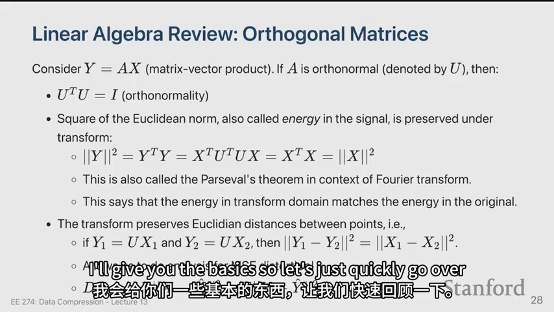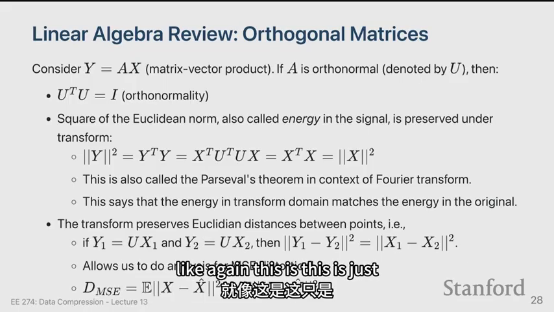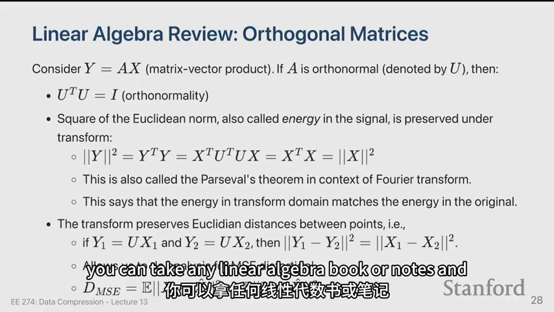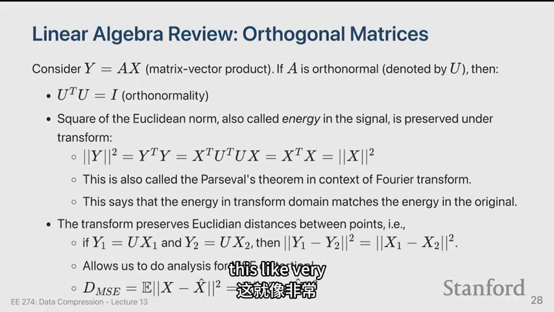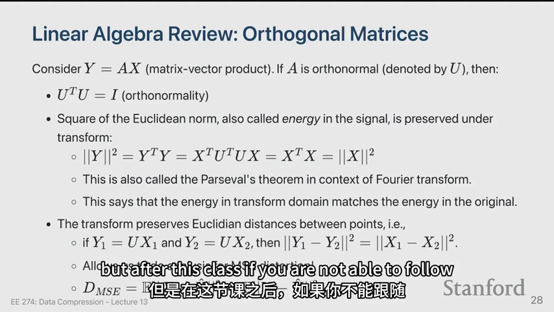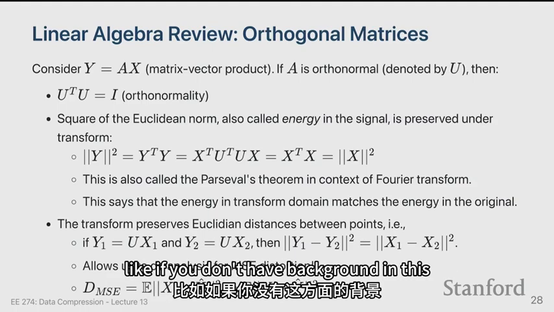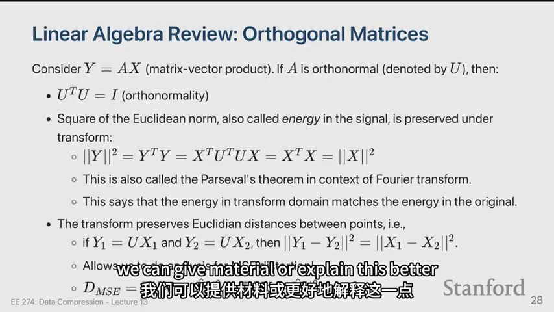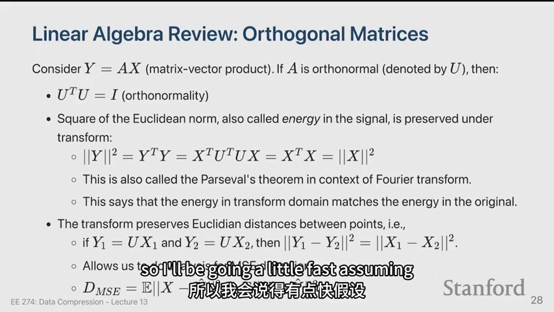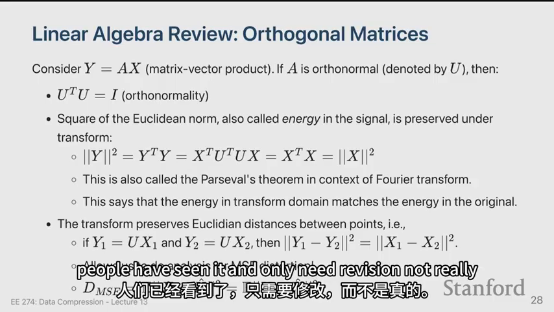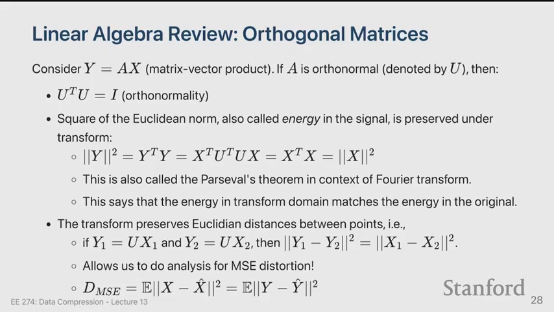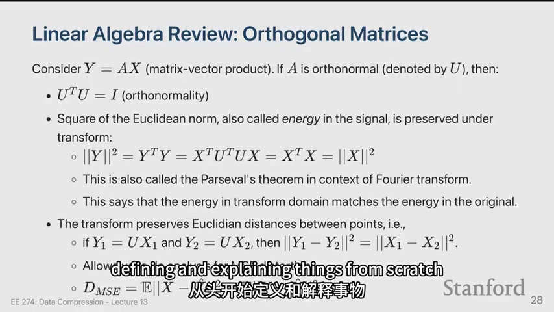You can take any linear algebra book or notes, and these are very simple concepts. We'll go over this, but after this class, if you are not able to follow, come talk to us. If you don't have background in this, we can give material or explain it better. So I'll be going a little fast, assuming people have seen it and only need revision, not defining and explaining things from scratch. Okay.